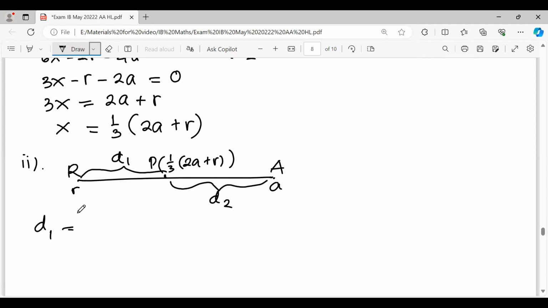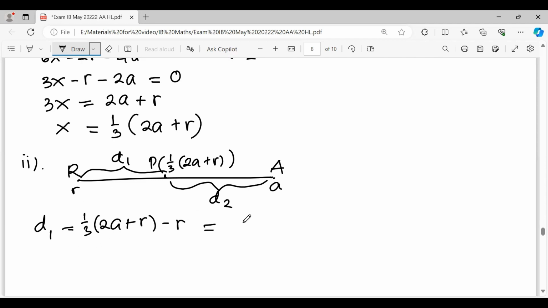D1 equals 1/3 times (2a plus r) minus this r.